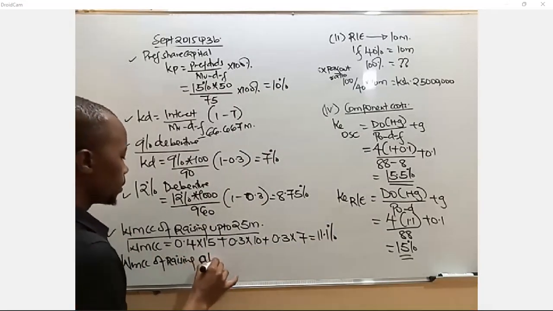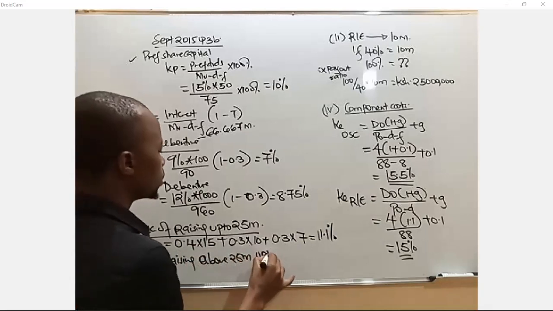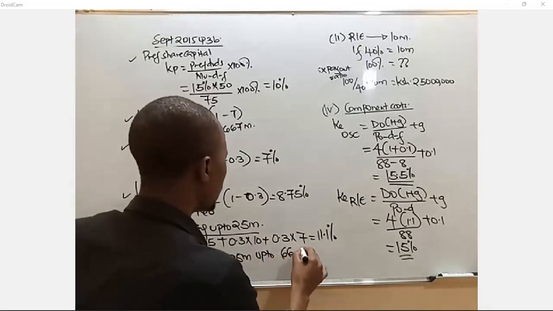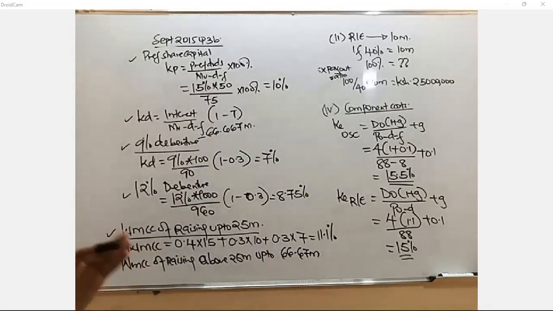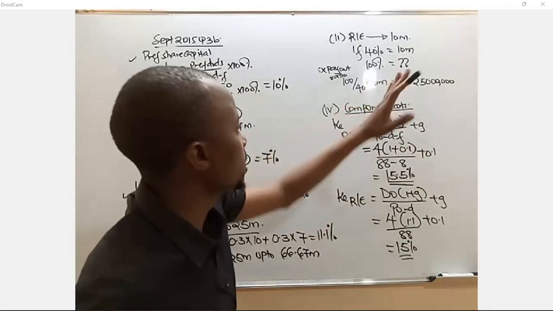Once you finish that, we also calculate the WMCC of raising above 25 million up to the other amount we can reach, which is 66.67 million. If it is above 25 million, it means the retained earnings cannot raise additional funds.